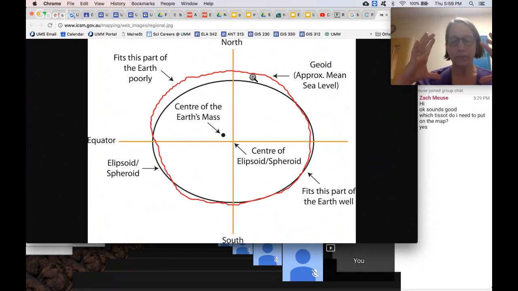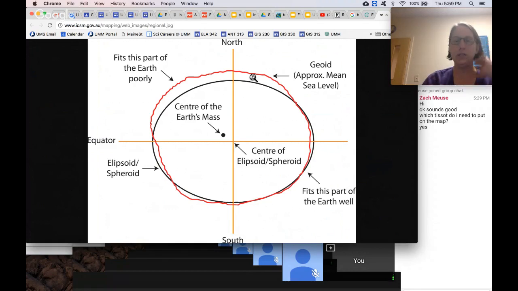And so the NAD geoid fits North America great, but you wouldn't want to use the NAD system for something in Japan, right? Because it's not made to fit there. And so a lot of your locations will be off, both in the vertical dimension and in the horizontal dimension.